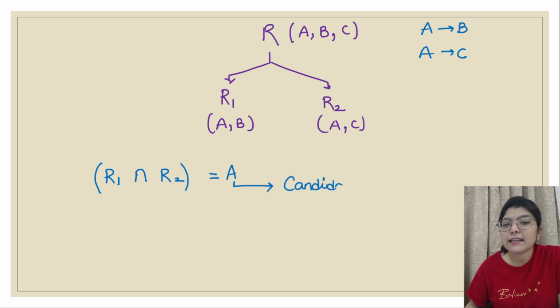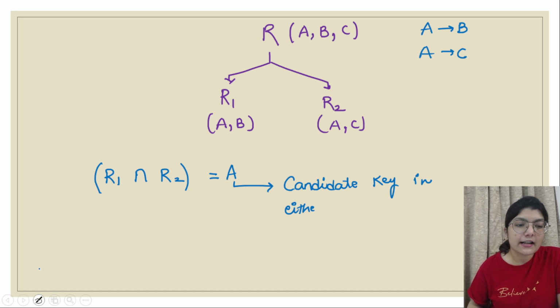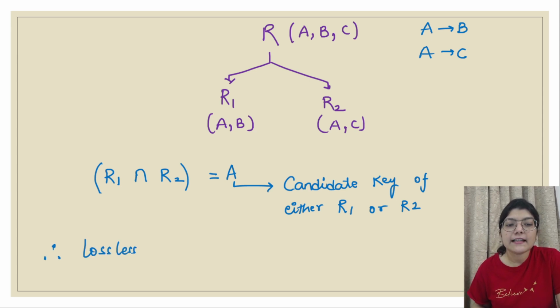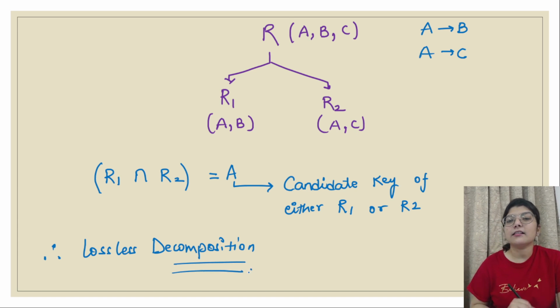It must be a candidate key in either of the relations, either R1 or R2, but it has to be a candidate key. If it follows this rule, then I will say that it is a lossless decomposition, and if this rule is not followed, then I will say that it is a lossy decomposition.